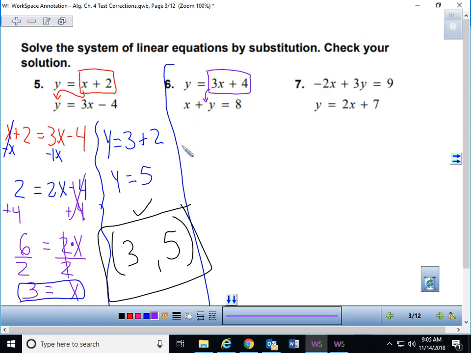So what I end up getting is x plus, in parentheses, 3x plus 4 equals 8. Well, there's a secret 1 out here, in front of this parentheses, so you can think of it like I'm distributing a positive 1 into the parentheses.